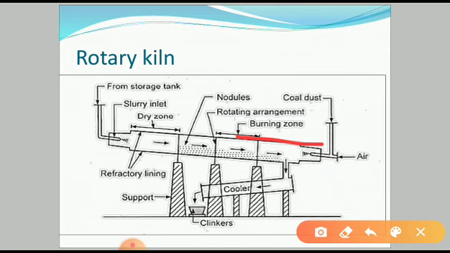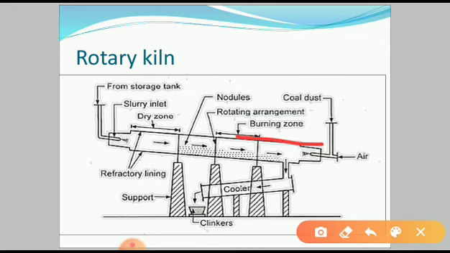Then lime, silica and alumina get recombined and the fused mass turns into nodular form of size 3 mm to 20 mm, and these nodules are called clinkers.